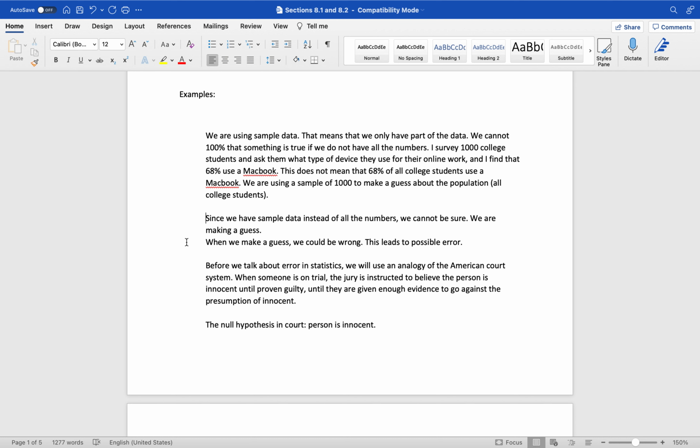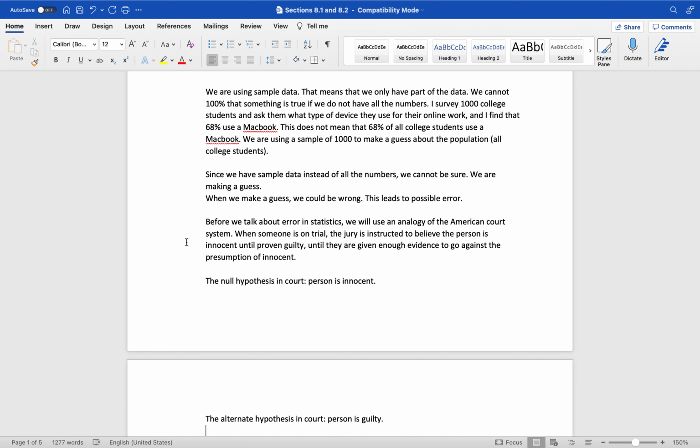Before we talk about error in statistics, we will use an analogy of the American court system. When somebody is on trial, the jury is instructed to believe the person is innocent until proven guilty, until they're given enough evidence to go against the presumption of innocence. So the null hypothesis in court is that somebody is innocent.